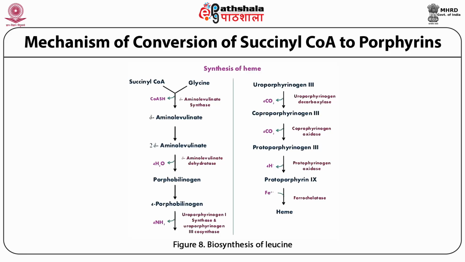In the second part of the reaction, uroporphyrinogen 3 by a decarboxylation reaction is converted into coproporphyrinogen 3. Again a decarboxylation reaction results in protoporphyrinogen 3, and this results in the formation of protoporphyrin 9, which leads to the synthesis of heme.